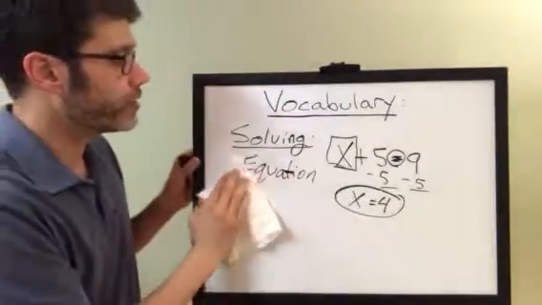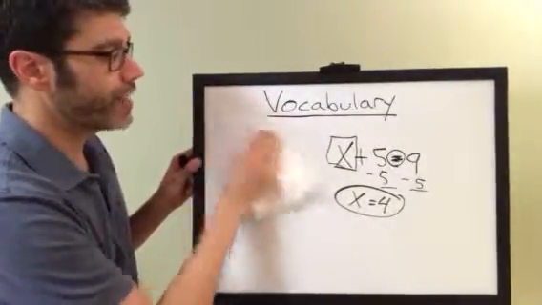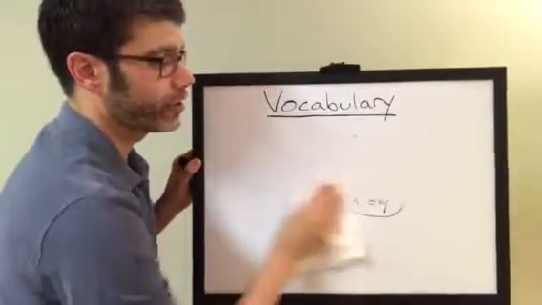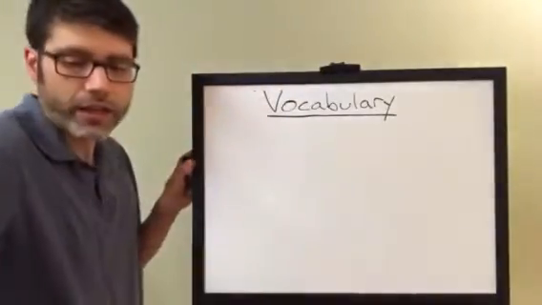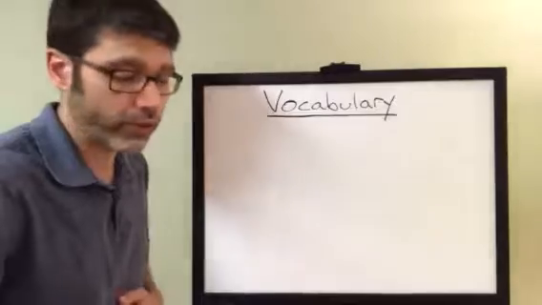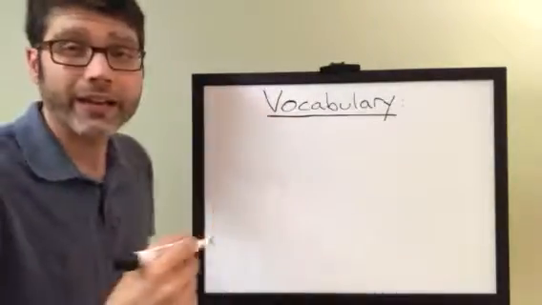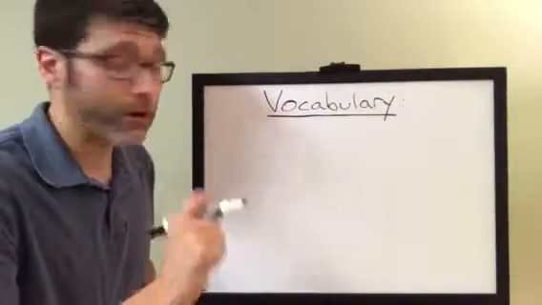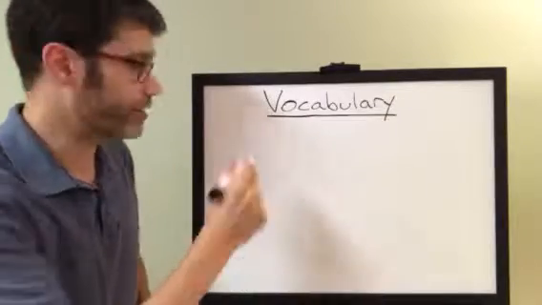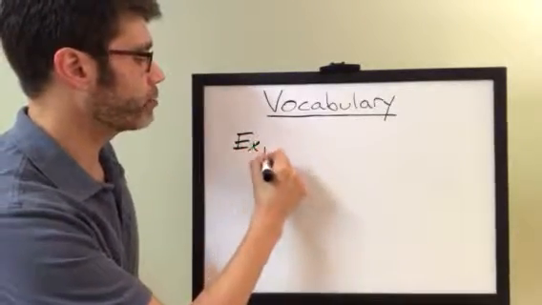The other two words are an expression and evaluating or simplifying. So in this exponents unit, we're going to be really not solving an equation, but we're going to be simplifying expressions. So let me write the word expression here.